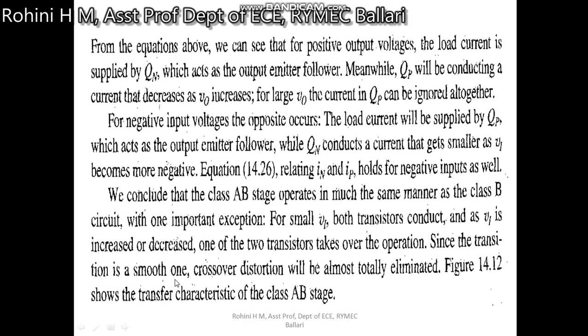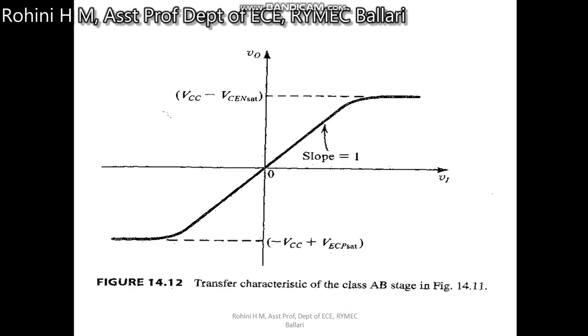Since the transition is smooth, the crossover distortion will almost be eliminated. The main aim in class AB is to eliminate the crossover distortion. The class B amplifier was working well, but the limitation was the crossover distortion that was introduced, which is eliminated here in the class AB stage.